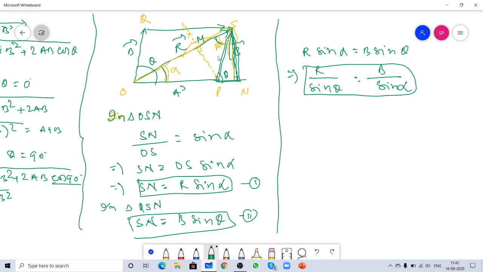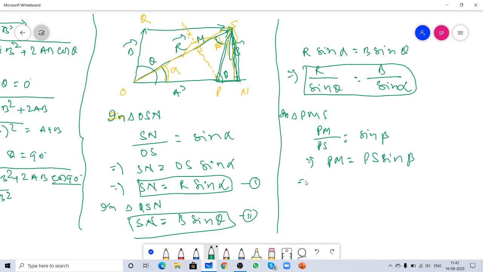So in triangle PMS, PM by PS is equal to sine beta, or PM is equal to PS sine beta.